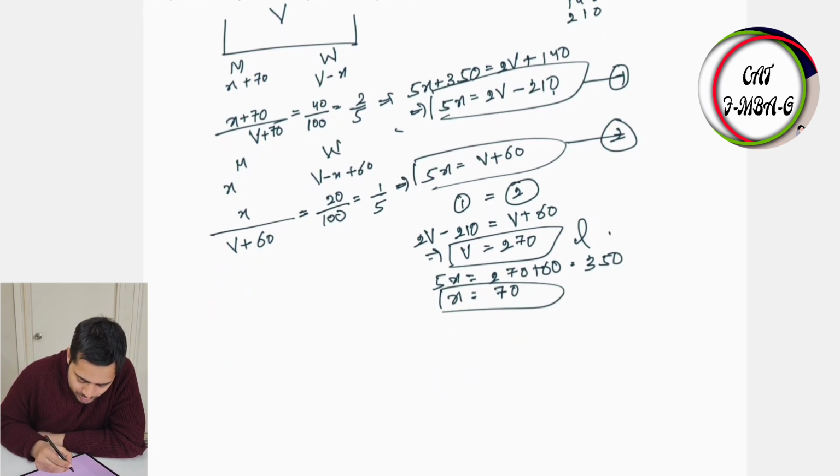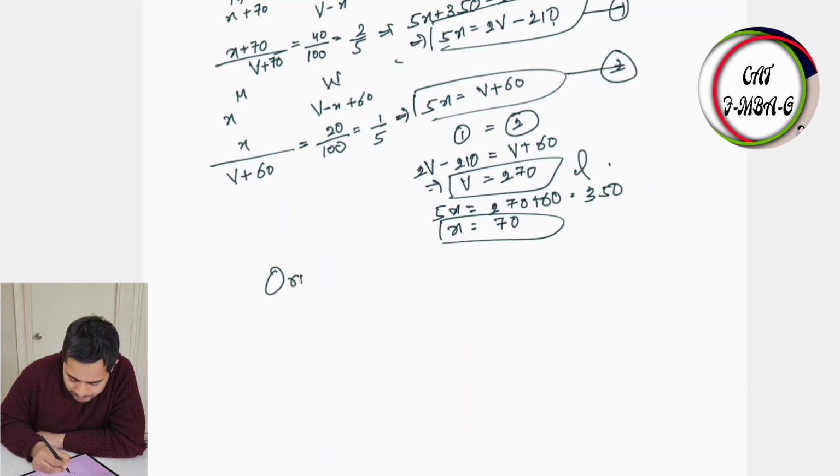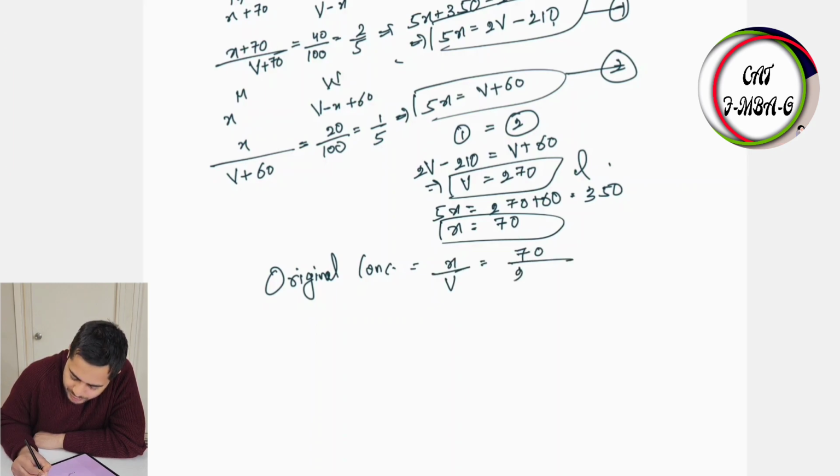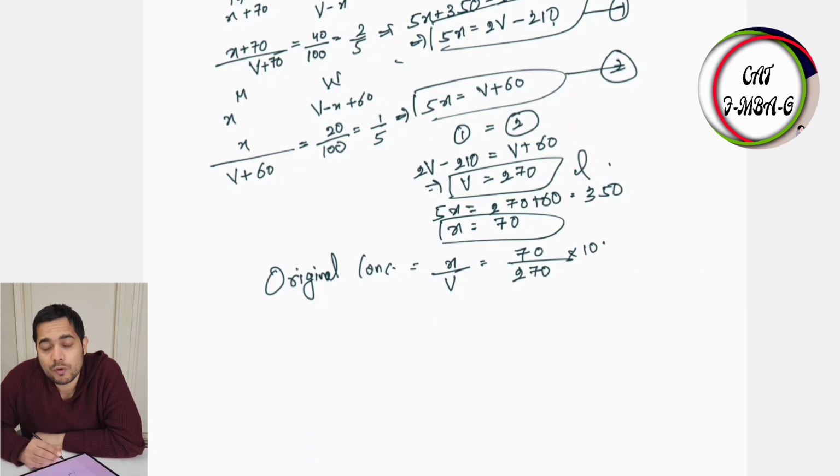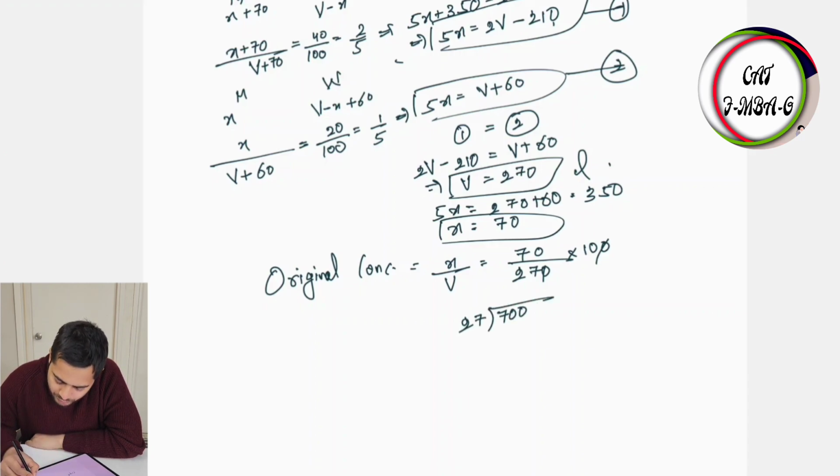So the original concentration is equal to x upon V, which is 70 upon 270 into 100, because we have to find the percentage. So that means it is 700 divided by 27. You can use your calculator also, or you can directly solve.